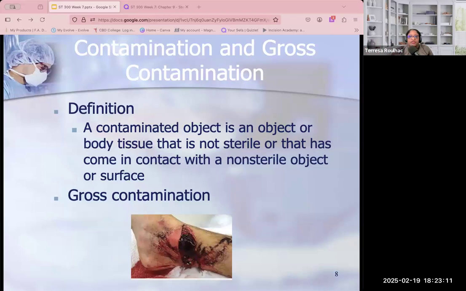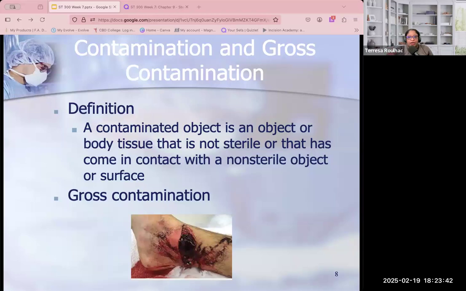Gross contamination is the contamination of a surgical wound or sterile site by a highly infectious source, which can spread infections. We think of the spread of microorganisms through direct contact, moisture, dust, droplet nuclei, which is why maintaining aseptic technique is so important for preventing contamination in the operating room.